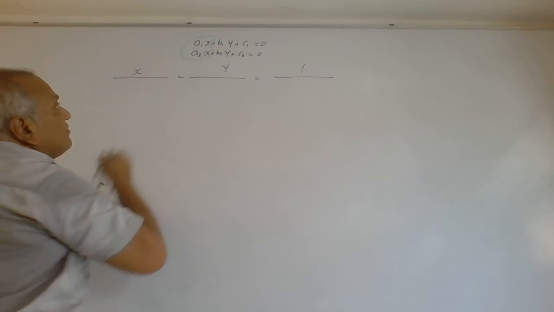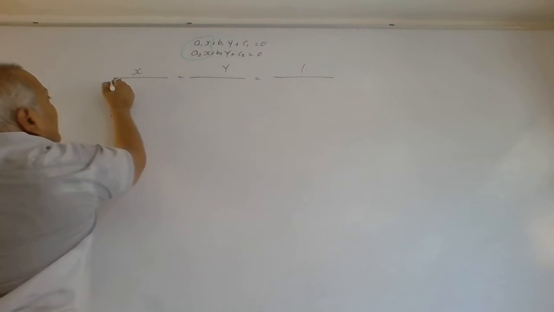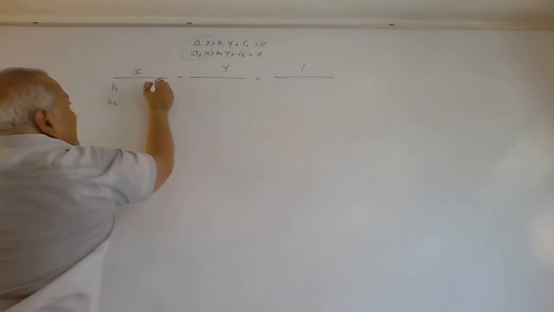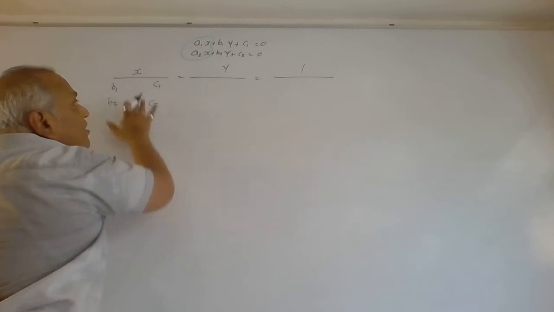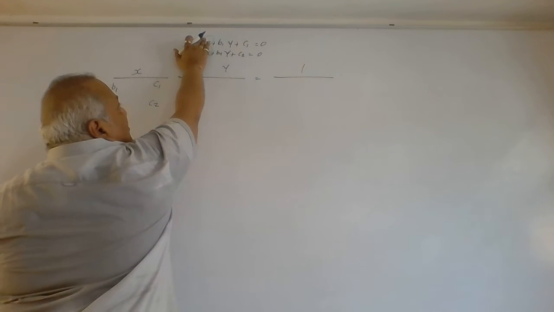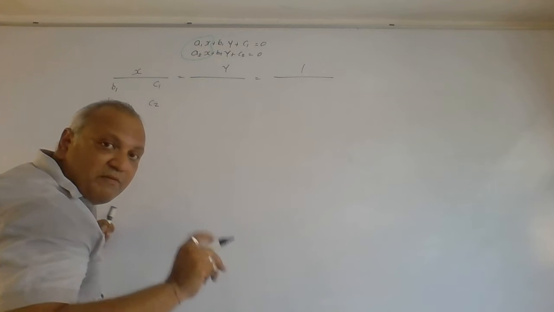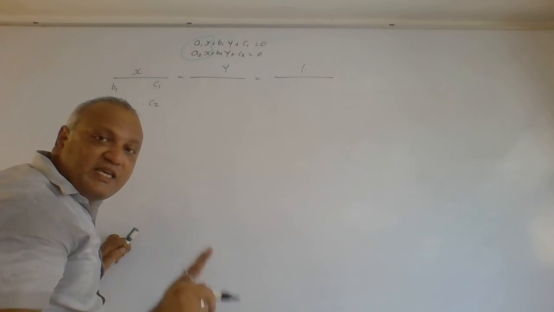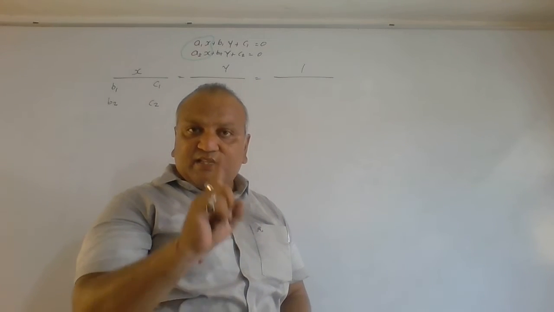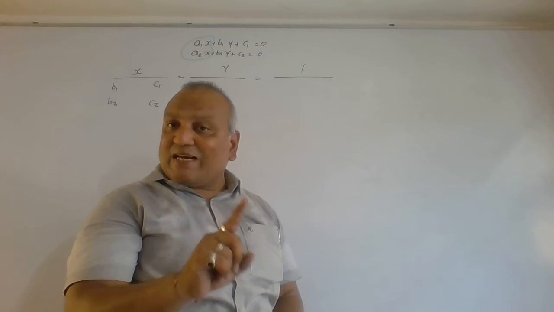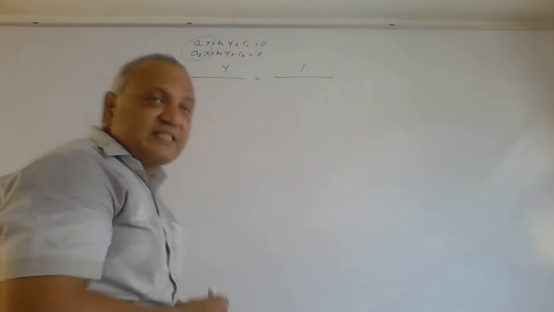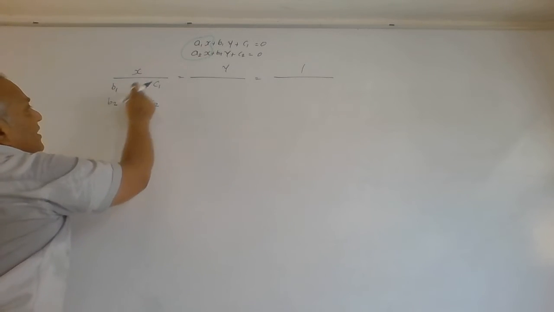So we have to write down the coefficients b1, b2, c1, c2. So below x we have to write down the coefficients other than x in both the equations, and mind well, the equation must be in standard form. I repeat, friends, the equation must be in standard form. If the equations are not given in standard form, then we have to convert them into standard form. So friends, x upon b1 b2, c1 c2.